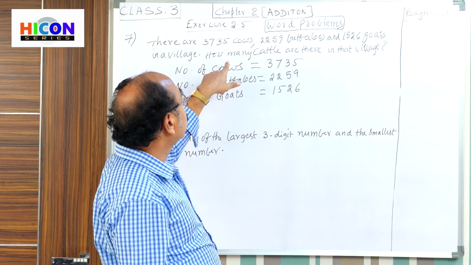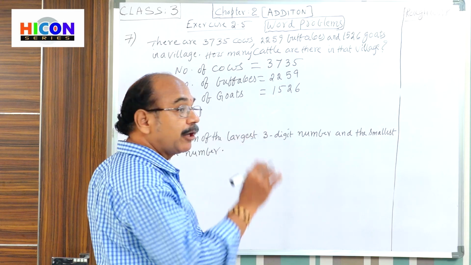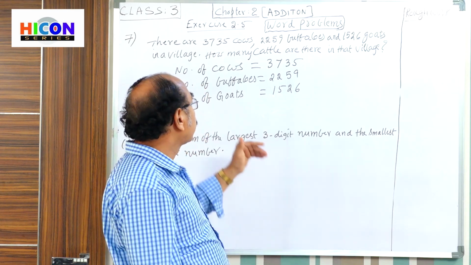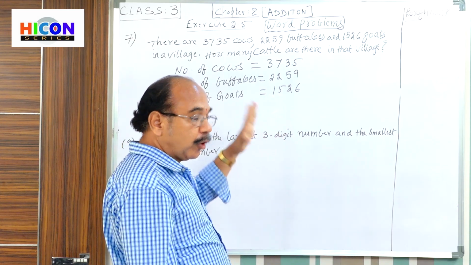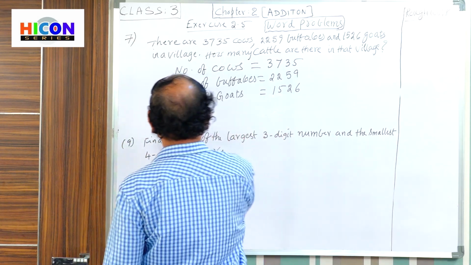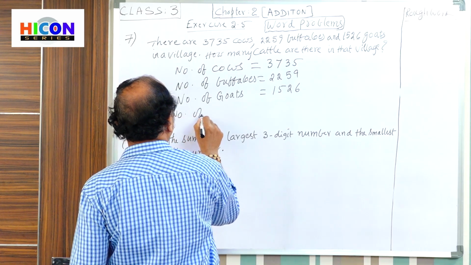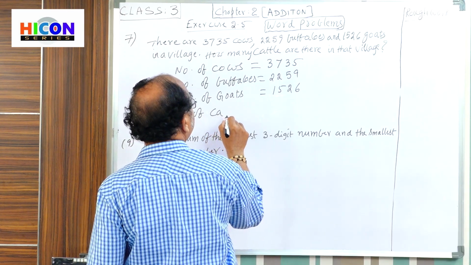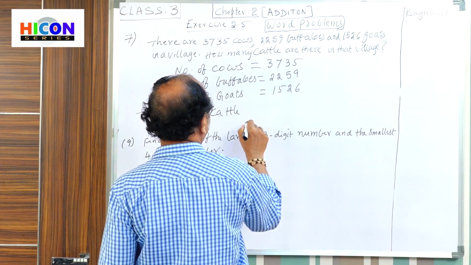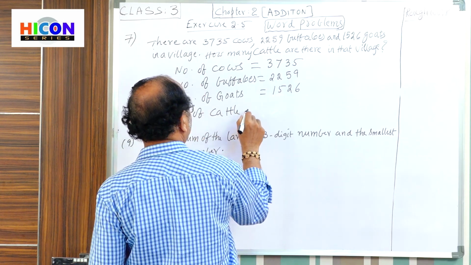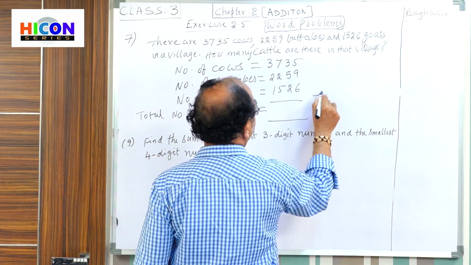Now, what is required? How many cattle are there in that village? Totally, how many cattle are there? That is together, cows and buffaloes and goats. So, here we write total number of cattle is equal to addition.